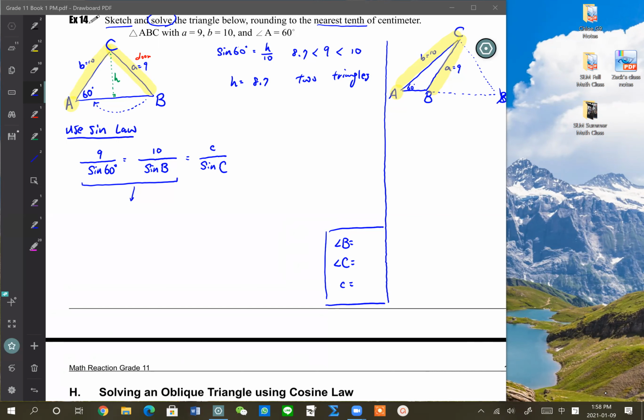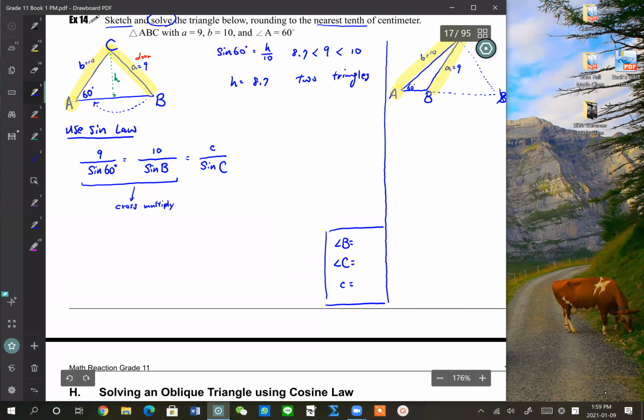So cross multiply. When you cross multiply, the sine B will multiply to the left, sine 60 will multiply to the right.